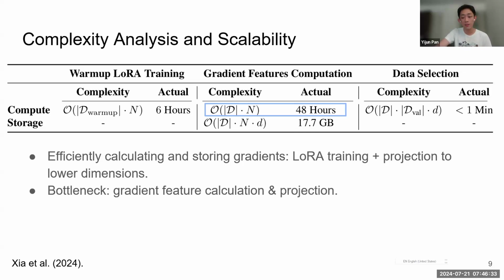But we can always overcome this by projecting the gradients onto lower dimensions. And moreover, because we are only comparing gradients of very low dimensions, the actual data selection takes really less time.